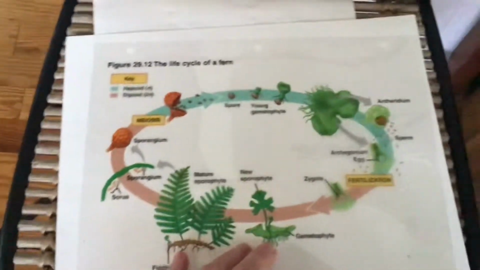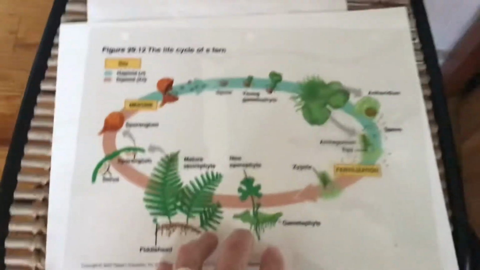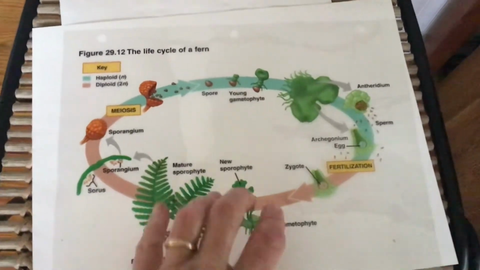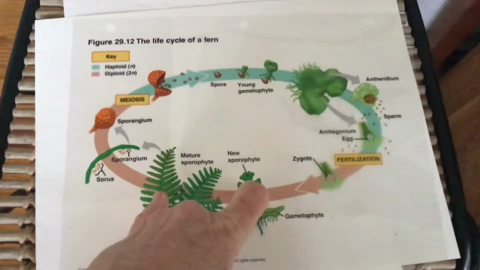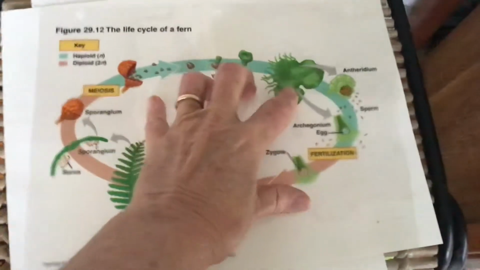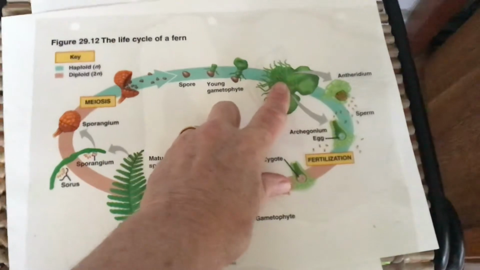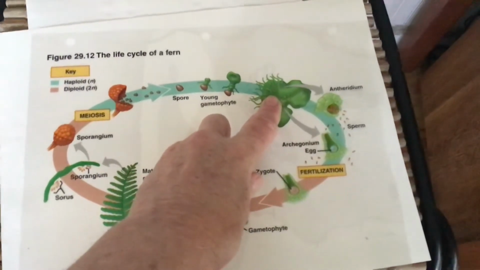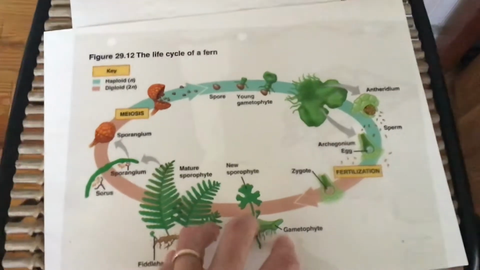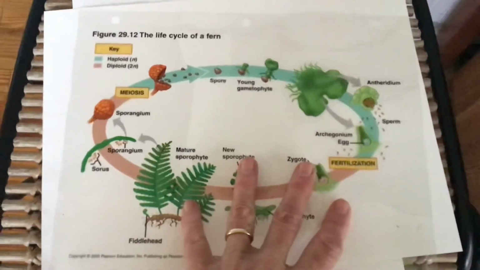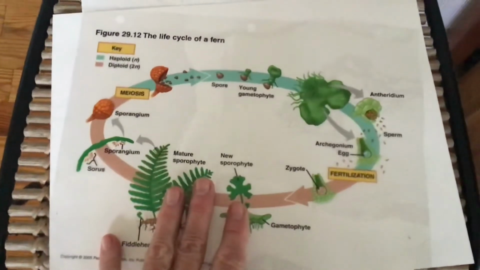Now, in the ferns, this is the fern life cycle. Down here we have the sporophyte. The sporophyte, remember, is the 2n structure. And up here is the gametophyte. The gametophyte is the 1n multicellular structure. So again, alternation of generations. In this case, though, the sporophyte becomes more prominent in the life cycle.